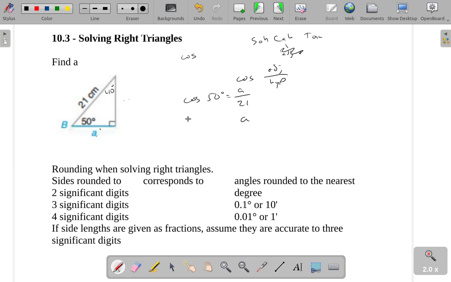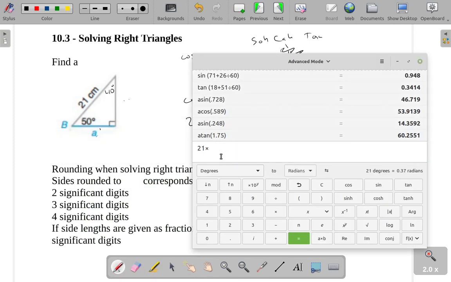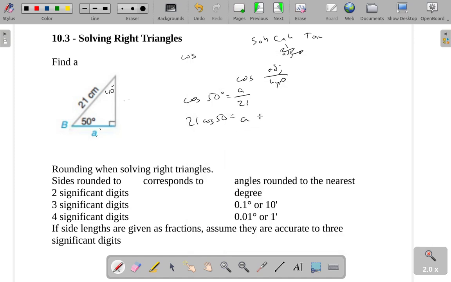If I multiply both sides by 21, I get 21 times the cosine of 50 is equal to A. Well, that's something I can plug into my calculator. 21 times cosine 50 gives me a side length of 13.5, I'll call it.